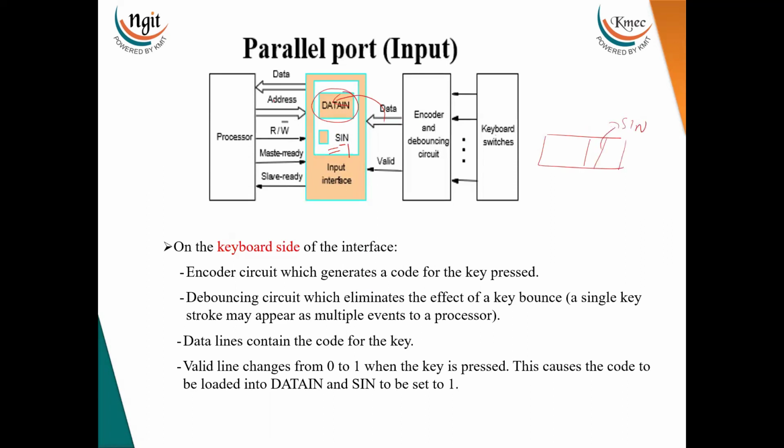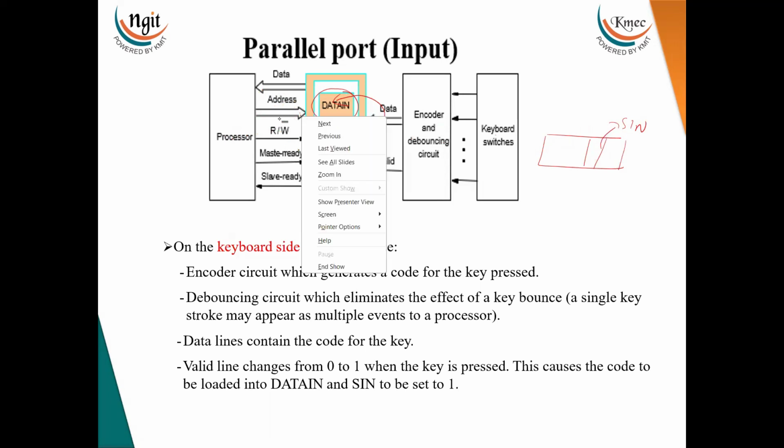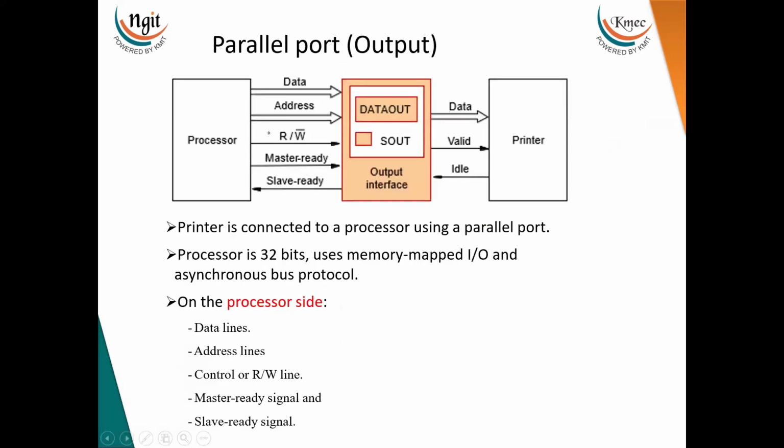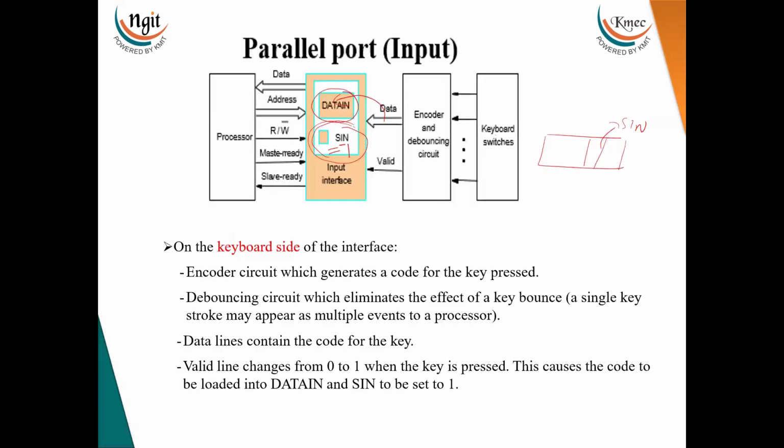Before reading the data from the data in register, the processor first always reads the status of the interface register. First it places the status register address on the address bus. After decoding, along with the address, it places the read signal, because it is reading the content of the status register.